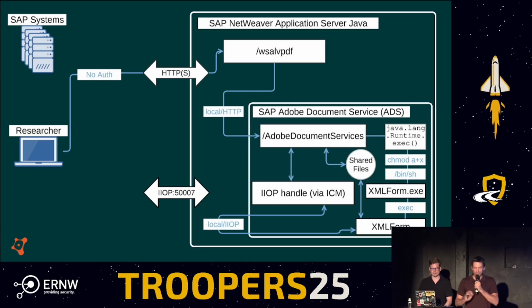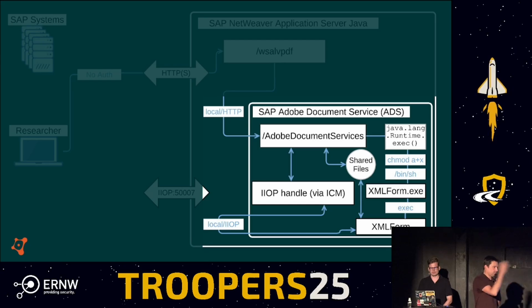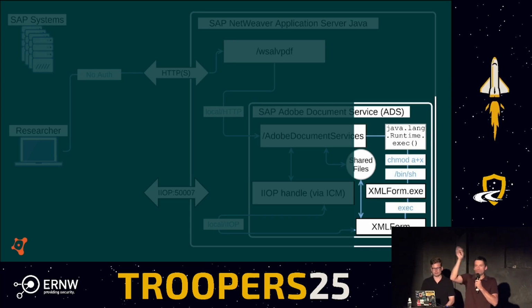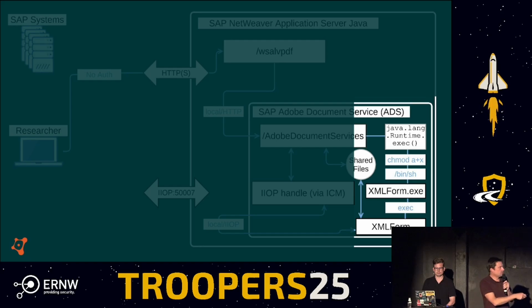But long story short, there are three things we would like to highlight here. Now just focus on the ADS part. The first thing is that when you ask to generate a PDF, you send the XML, and the XML is forwarded to the Adobe Document Services, which uses XMLForm. It is implemented in Java, and it starts by launching XMLForm.exe.